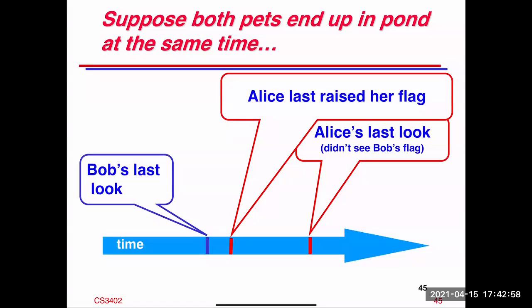Before Alice raised her flag. Why? Why can't this point in time here be afterwards, for example, here? Or maybe even here? Well, we already assumed that it's not here because we assumed Alice is the last one who looked. So why can't it be, for instance, here?